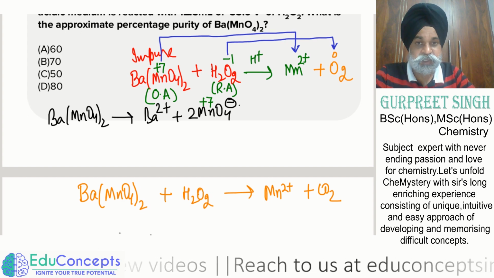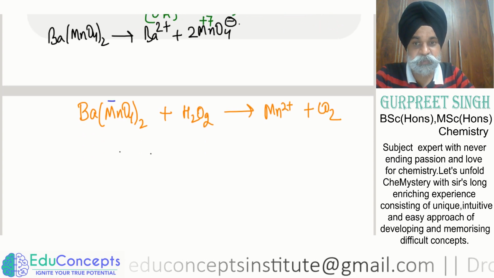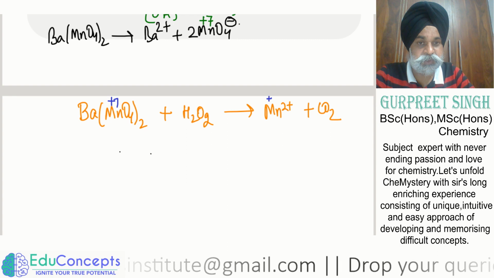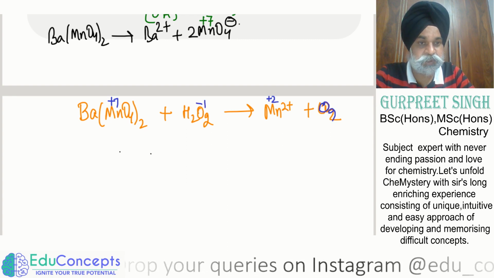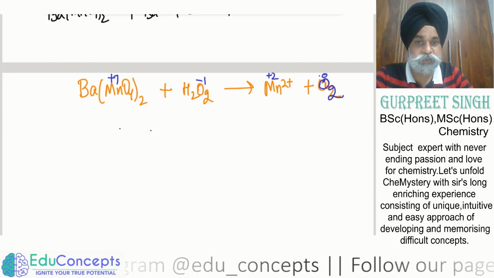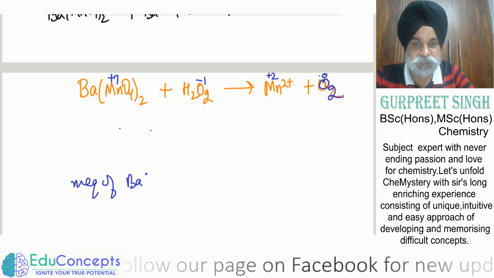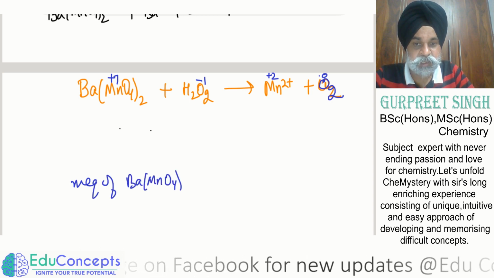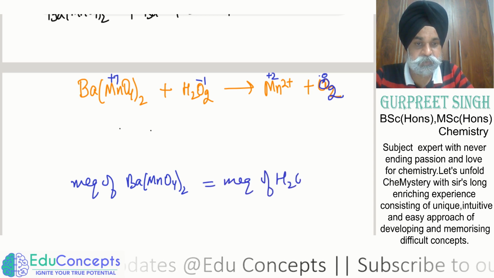Okay. So now I can show it like this: here it is +7 and this is +2, and this is -1, and sorry, it has to be oxygen, it is 0. So what we can do is simply apply that milli equivalents of barium permanganate must be equal to milli equivalents of H2O2.